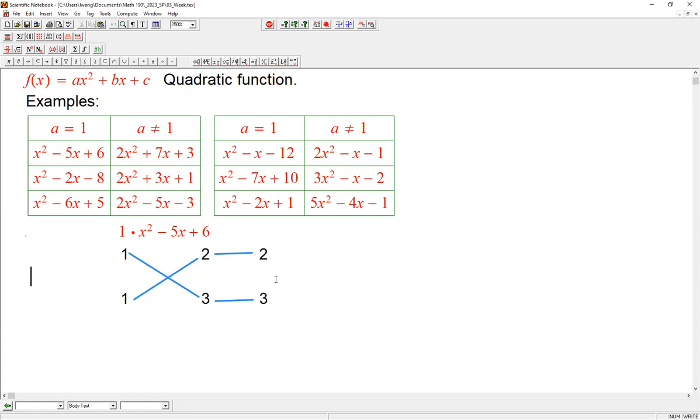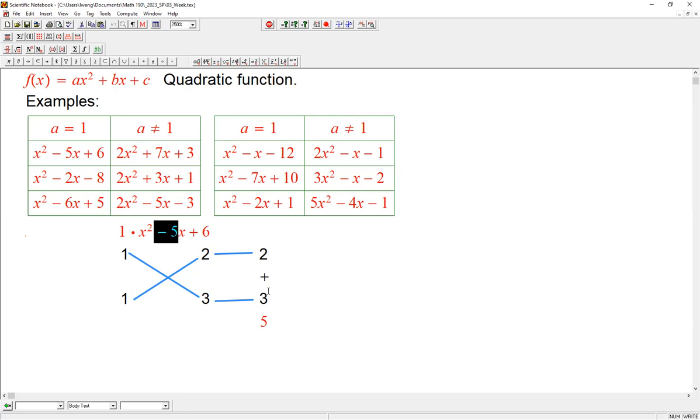I'm going to add these two numbers, and this rule doesn't change. Once I add 2 plus 3, I get 5. This 5 is to match the number in front of x, which is b, and obviously 5 does not match the negative 5. So this combination does not work.